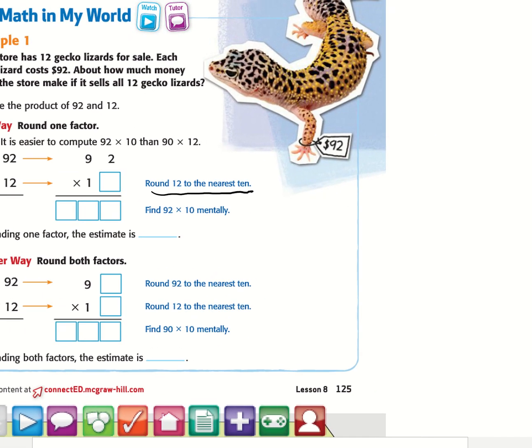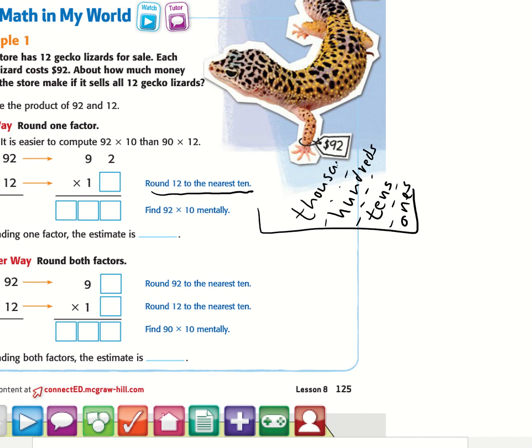So just a reminder, in our place value, we have ones, then after the ones is tens, and then we have hundreds, thousands, and so on.